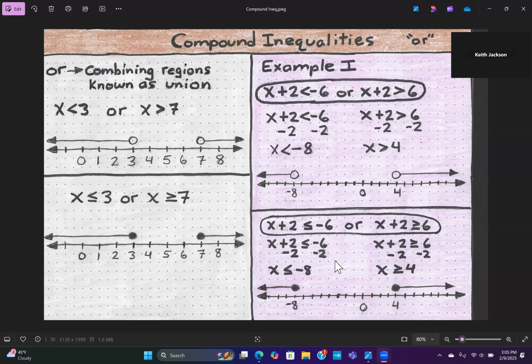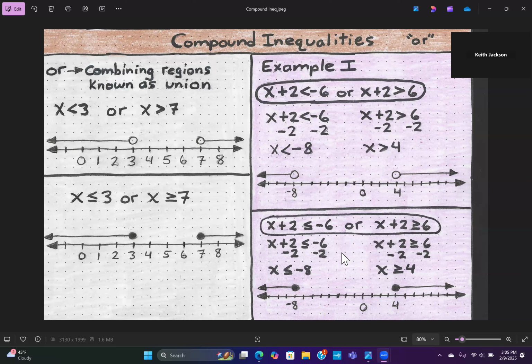Notice that they look almost identical to the one up top, but because in this case we have a less than or equal symbol on this side, and a greater than or equal symbol on this side, we have to make sure that our circles are shaded.